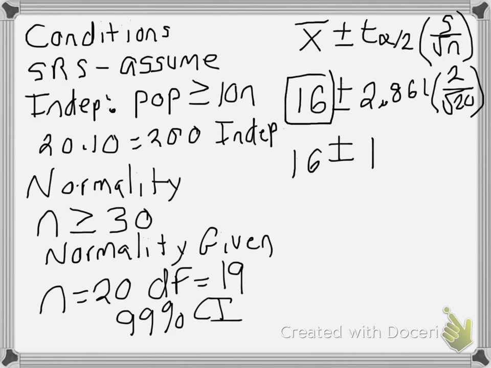You can't go any further, it can't go any less. So this becomes 16 plus or minus 1, so it becomes 15 is less than mu. We're still looking for the population mean, which is less than 17. So yeah, guys, that 100 milliliters that's in the problem, that means nothing. That's just the way hemoglobin is read. It's per 100 milliliters.